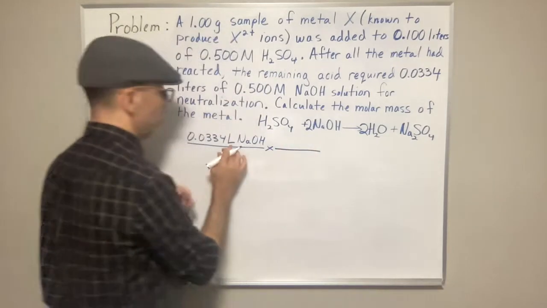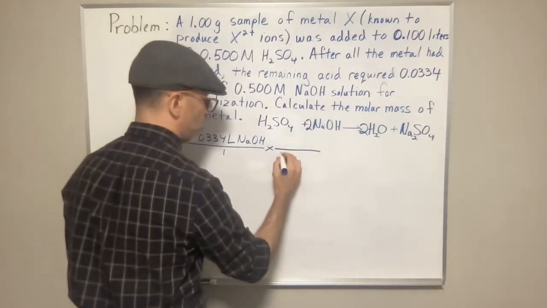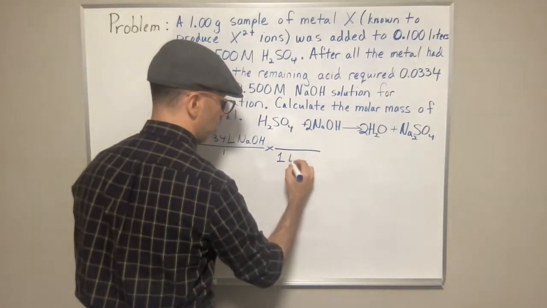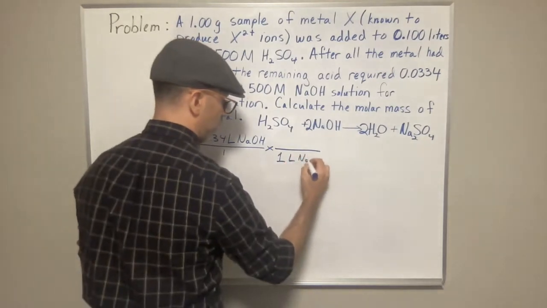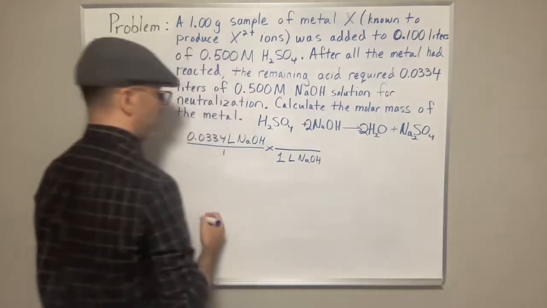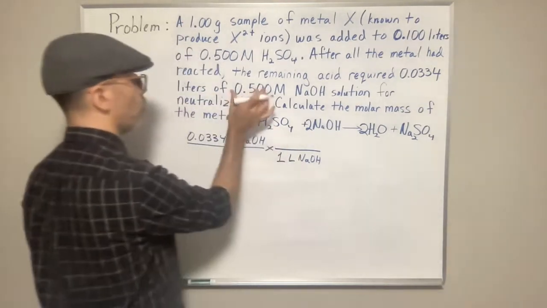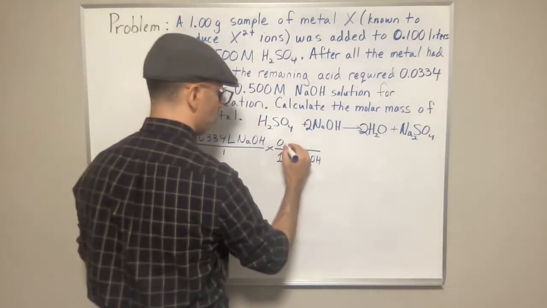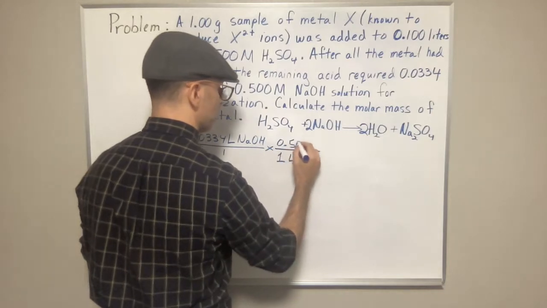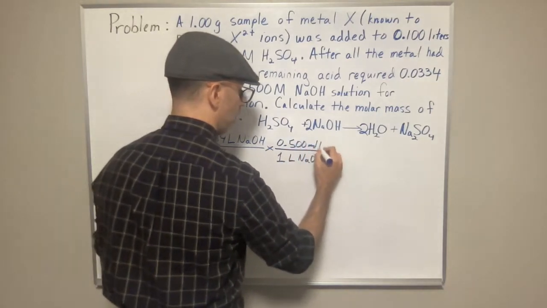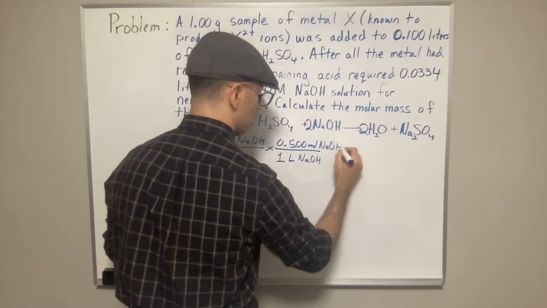So I have liters on top, I'm going to put 1 liter on the bottom of NaOH, and I'm going to have the 0.500 moles of NaOH. Right?